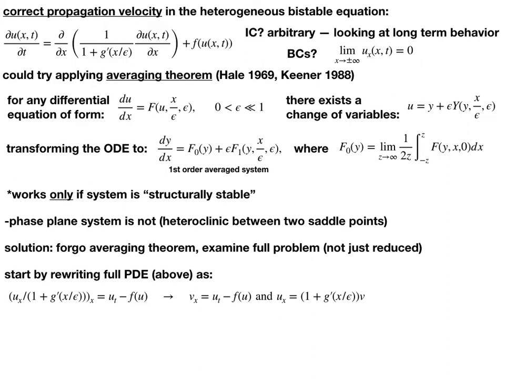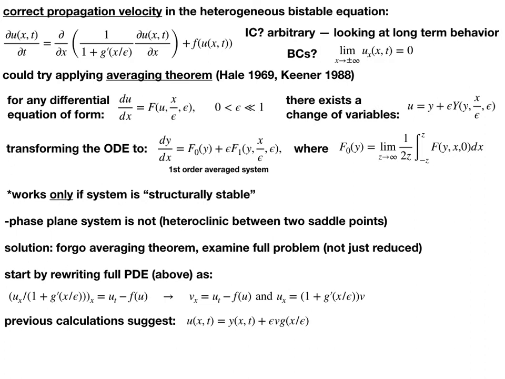So then if I differentiate v, that's the same as differentiating u sub x divided by 1 plus g prime of x over epsilon, and that will be equal to u sub t equals f of u. So I'm just taking a page out of the book of converting second order systems to phase plane systems, but doing it for this PDE system. This will just make our calculations a little bit smoother.